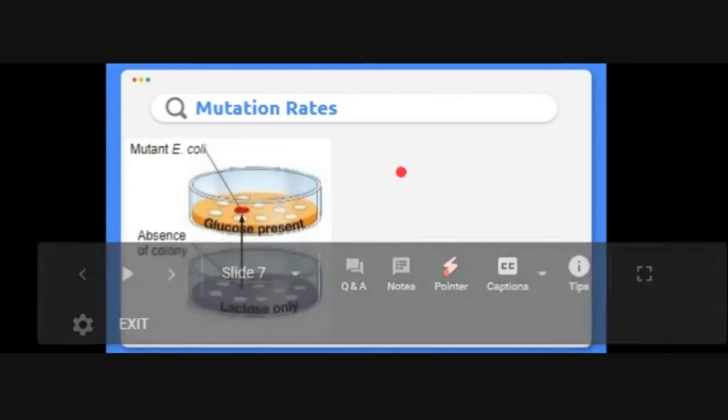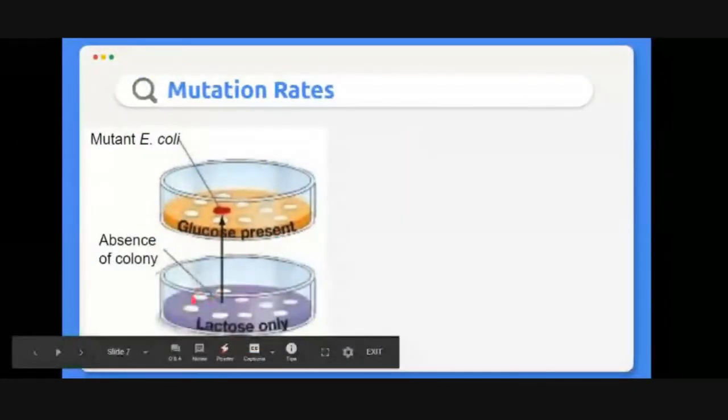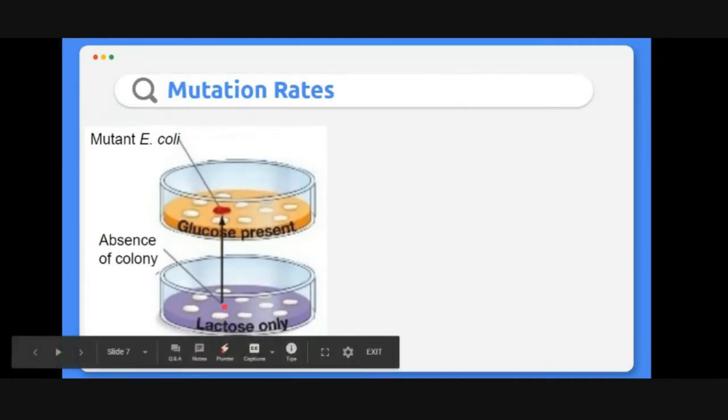So, how will you see that? Yung pinag-grow mo dito sa plate na to, you let it grow again sa plate na may lactose only. So, you will observe that some of the colonies here did not grow. Why?